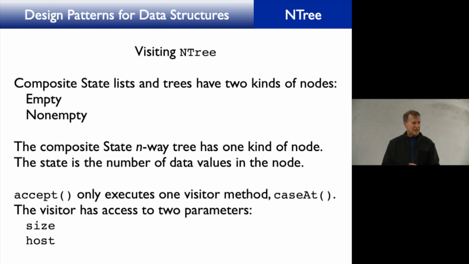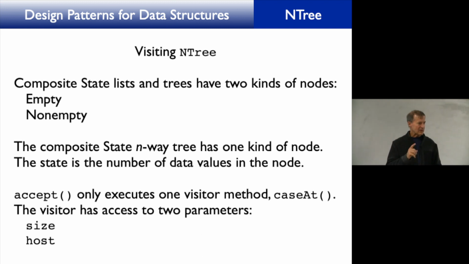When we did accept, what did you always have to implement? Yes, we implemented the empty case and the non-empty case. But now here's the thing. With a composite n-way tree, we are not going to make that separation into empty and non-empty.